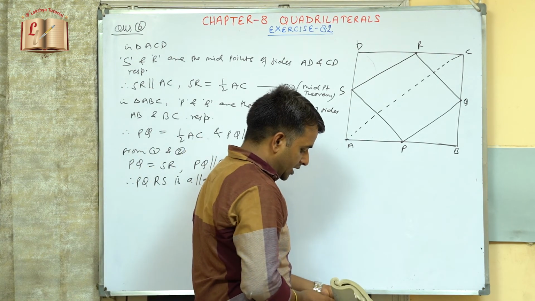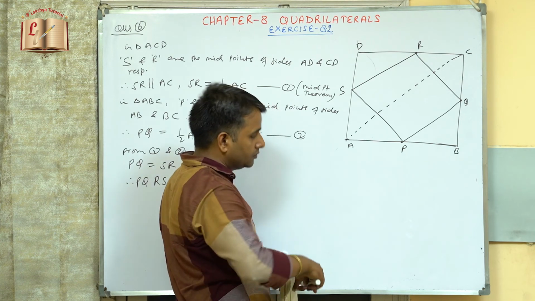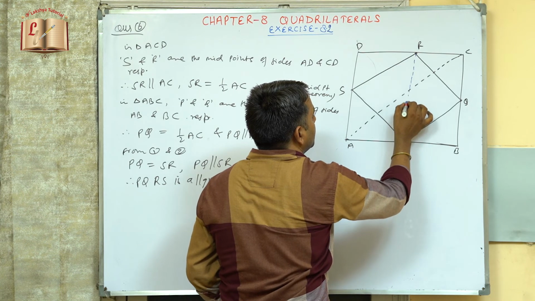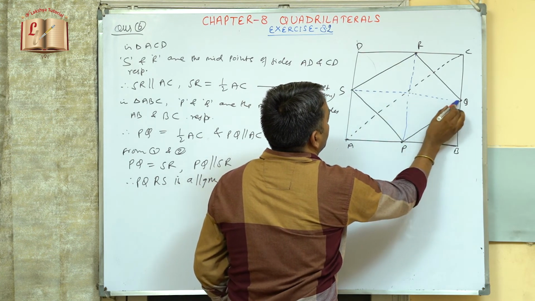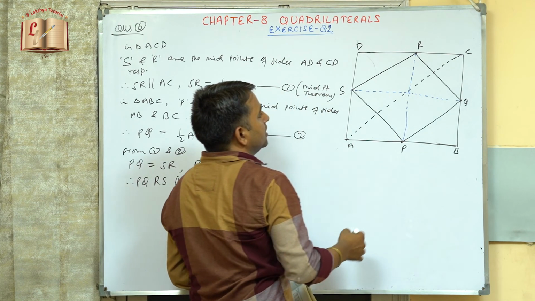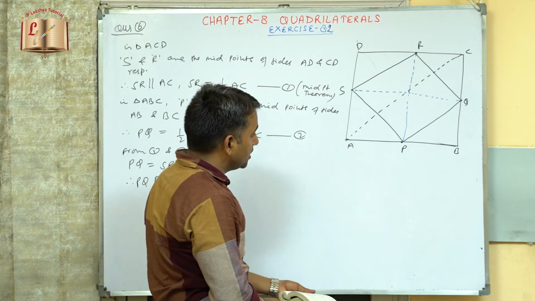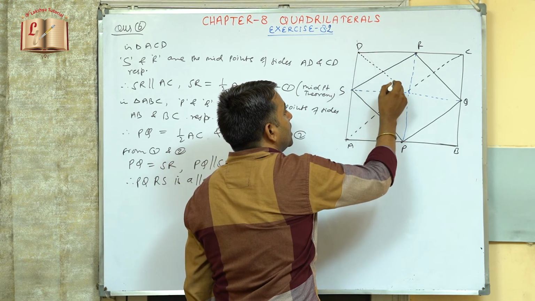Now we can join the diagonals of the parallelogram. So the diagonals of the parallelogram, at this point, they are bisecting each other. So we can join the diagonals of this quadrilateral also.